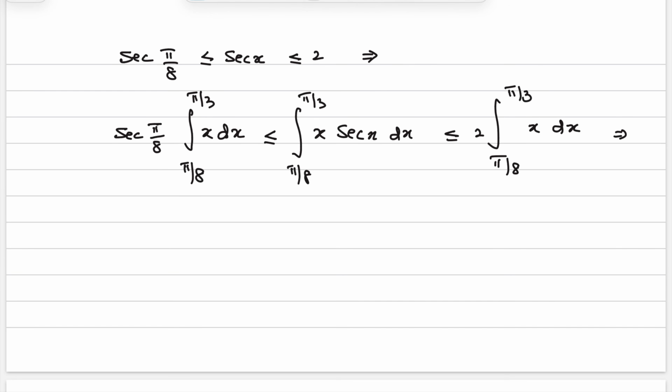What is integral x dx? This will be secant pi by 8 into integral x dx is x square by 2.